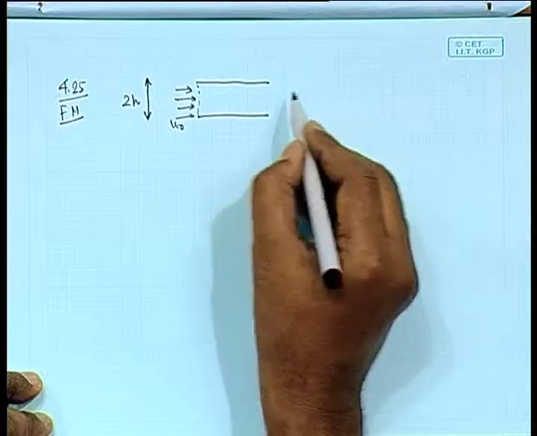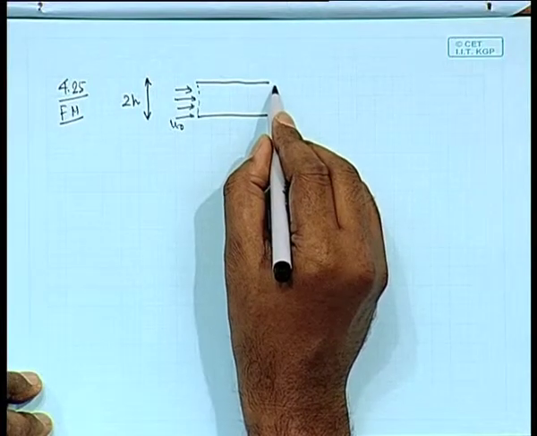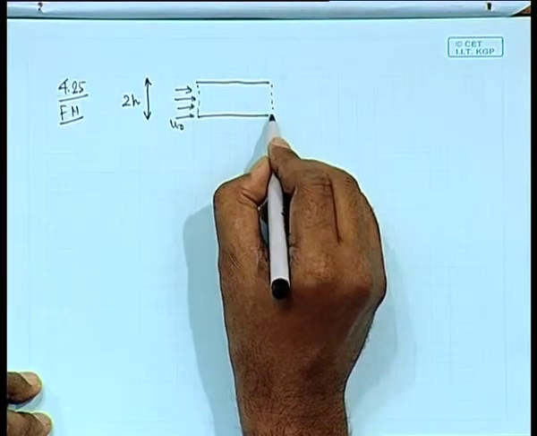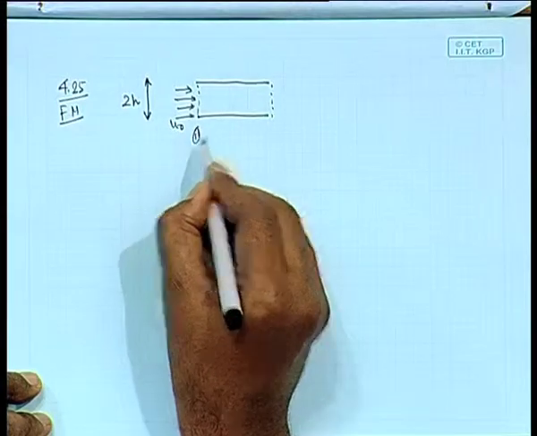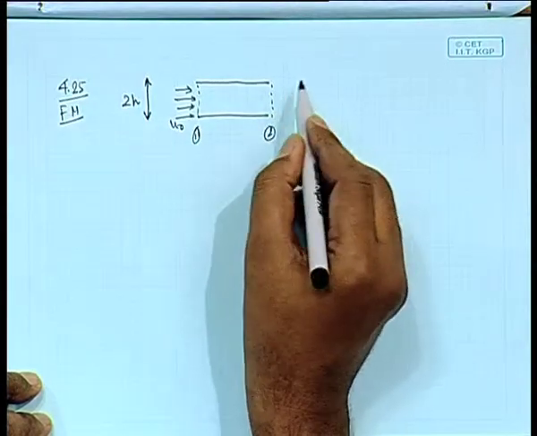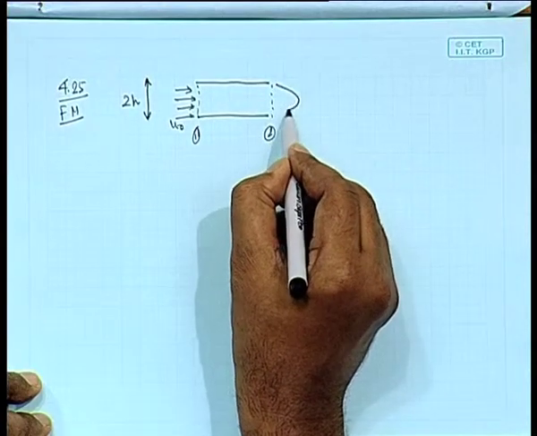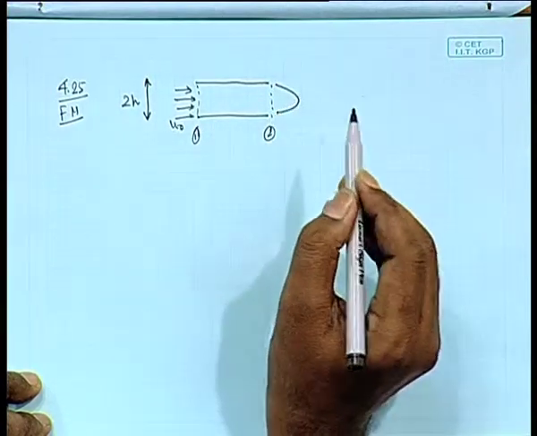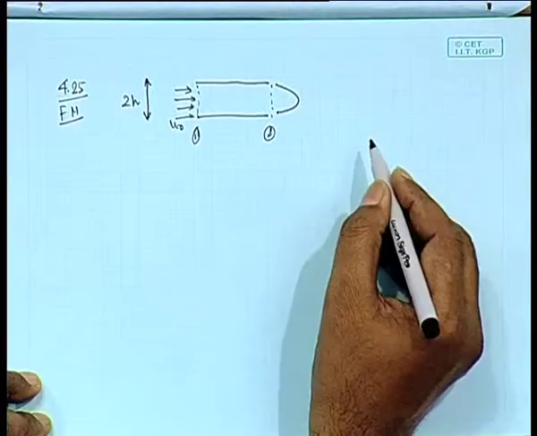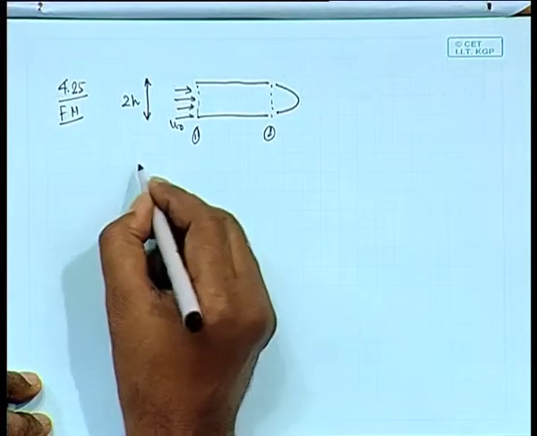Okay. And at the exit, this is plane number 1, this is plane number 2, at the exit plane the velocity will have a parabolic velocity profile. And it is given by some parabolic equation.